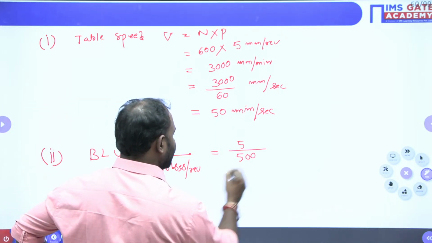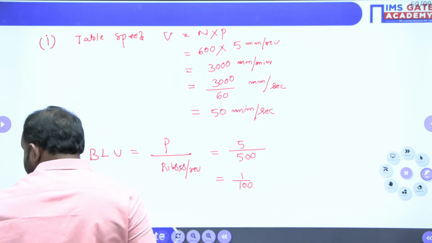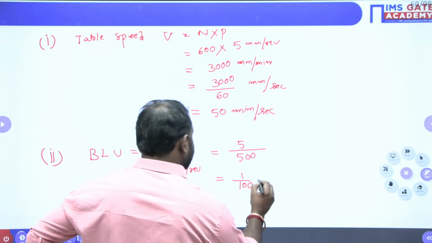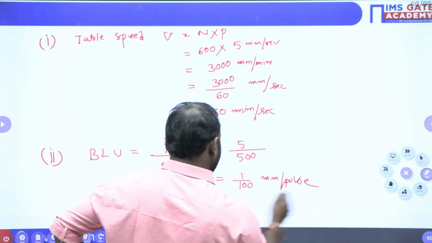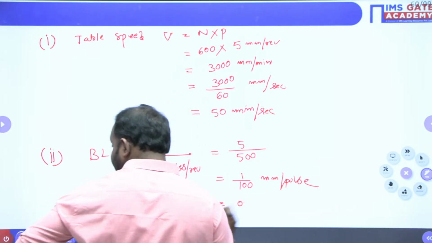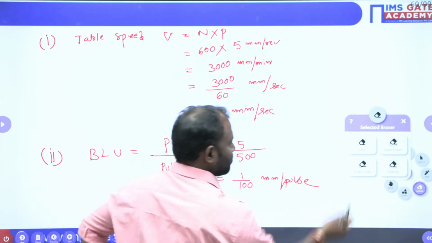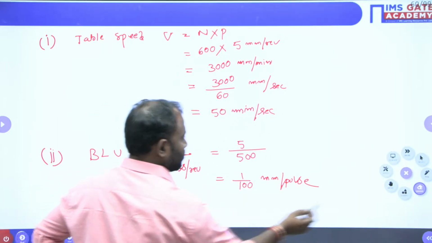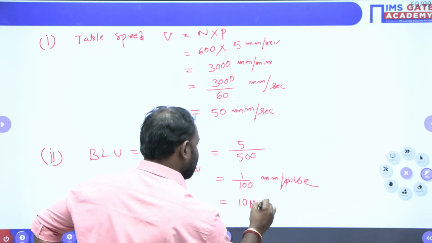So you are going to get 1 by 100 mm per pulse. From there I can write it is 10 micrometer. Micrometer is the basic length unit.